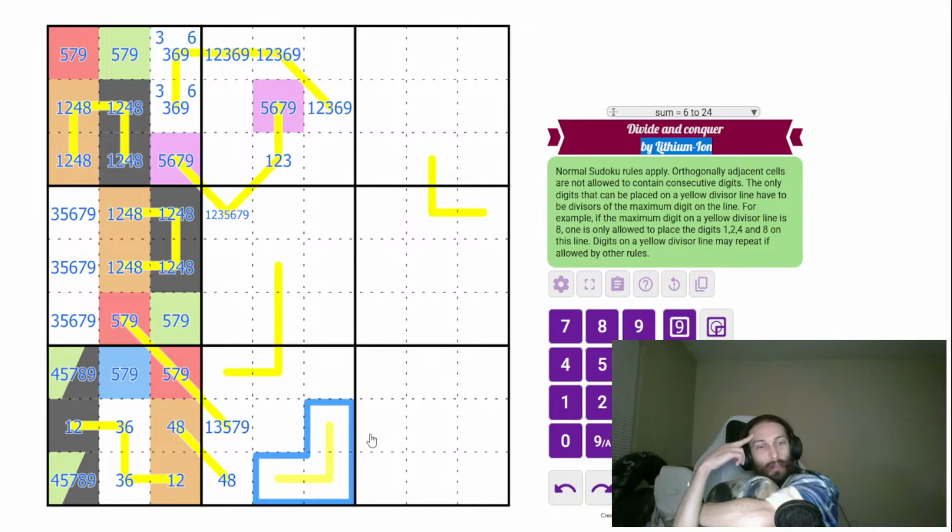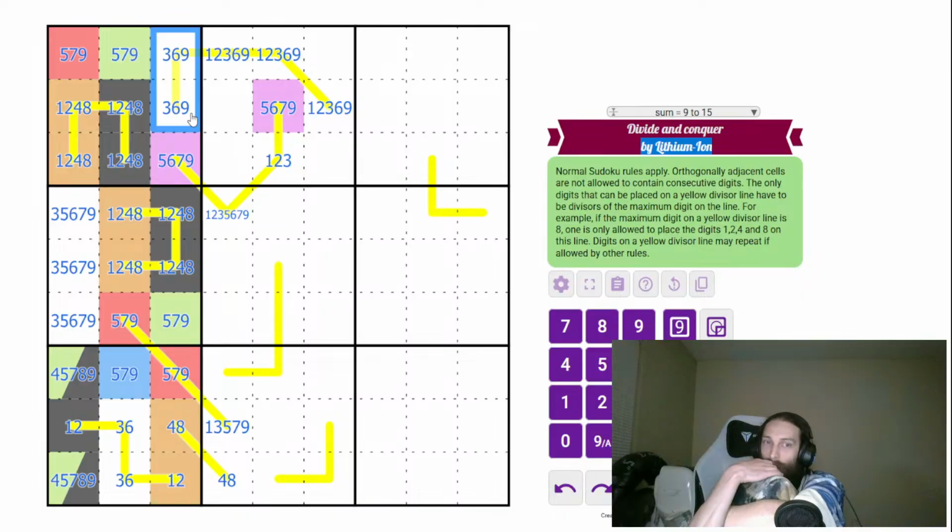There's this one. Problem digits cannot be... why 3 and 6 there.